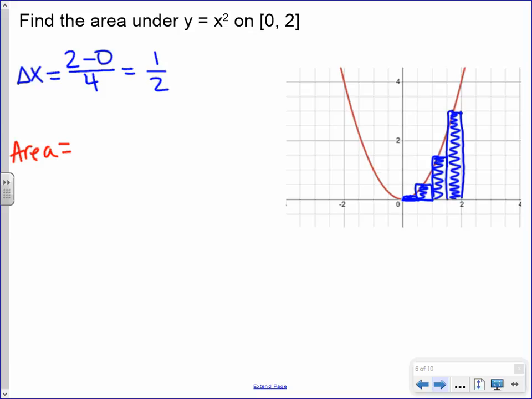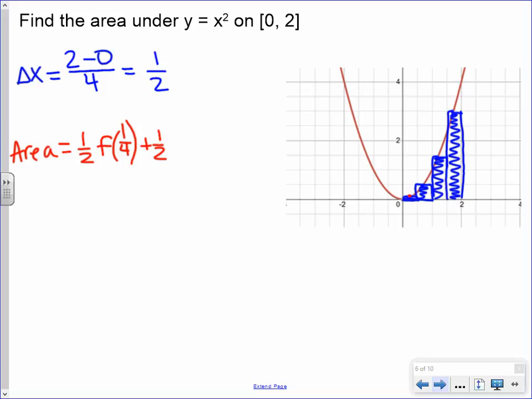This first rectangle stretches from 0 to 1/2. What's the middle of 0 and 1/2? 1/4. So that rectangle has width of 1/2 and height of f of 1/4. What is in the middle of 1/2 and 1? 3/4.